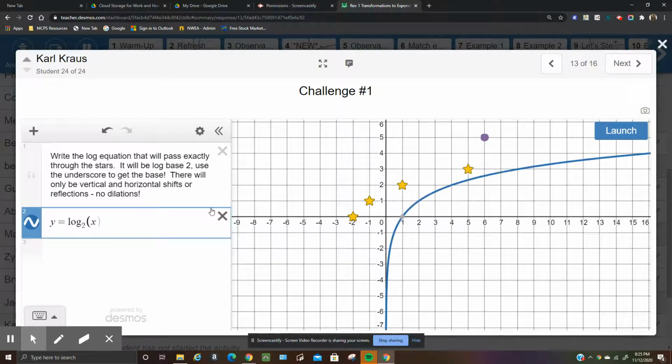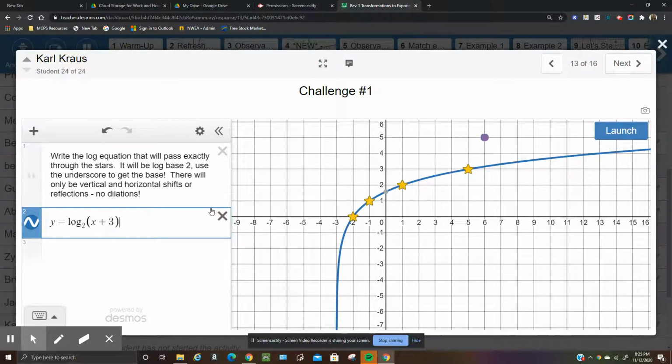If I just put x in there, that's the original graph, the parent graph. And then if I put +3, I want the asymptote to be at -3. And that's enough to translate the graph to the correct position.